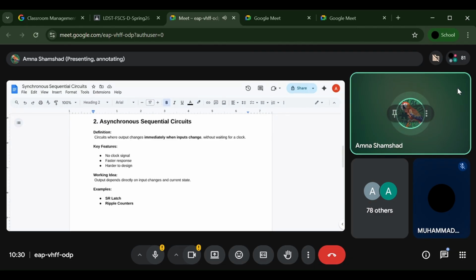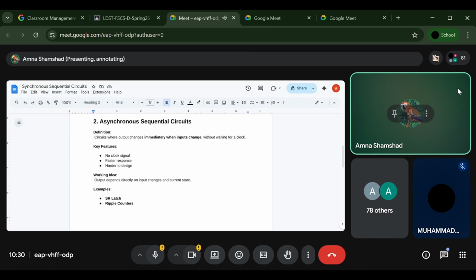If there is some circuitry in which we are using a mixture of these different types of circuits, then the part of the main circuit that is asynchronous will not be affected by the triggering of clock. Is this clear? So the examples for this are the SR latch and ripple counters.